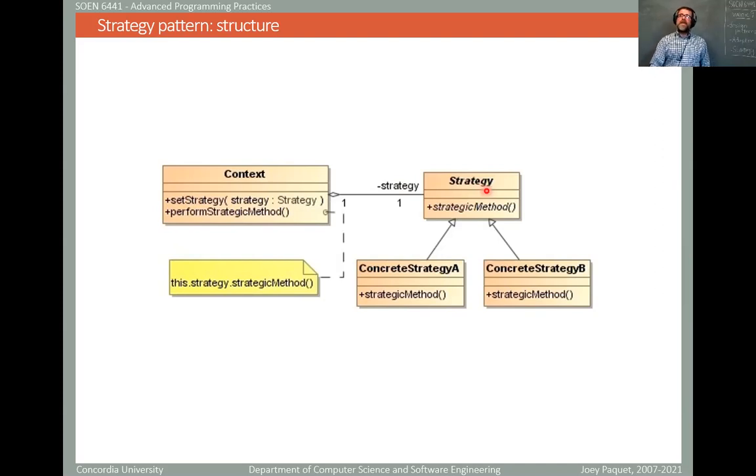As we will see, there are some methods here that implement some behavior that the context, which in our case is the player, is going to use. These methods are going to implement some decision making as to what kind of orders the players are making.